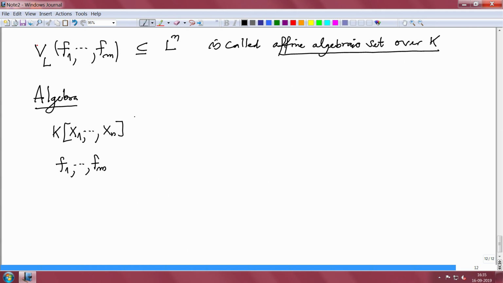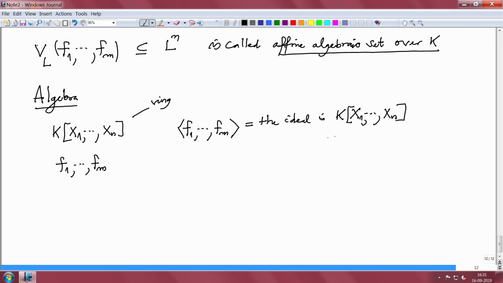We have noted that this is a ring, and if I say the ideal generated by F1 to Fm, this is the ideal in K[x1 to xn] generated by the polynomials F1 to Fm.